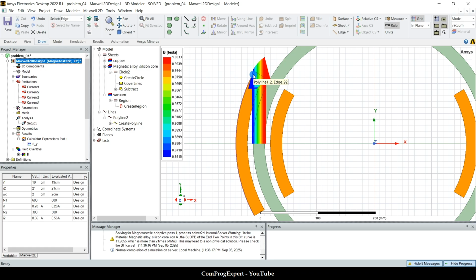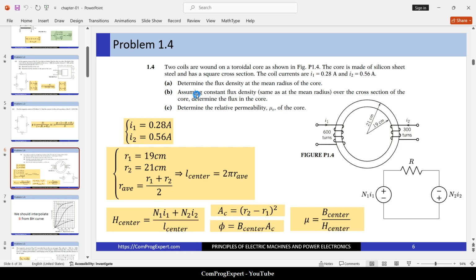We have maximum flux density for minimum radius, minimum flux density for the maximum radius, but the average value, right, is okay for calculation of the flux inside the core. Here we calculated the average value of the flux density in the core, and we calculated the flux.